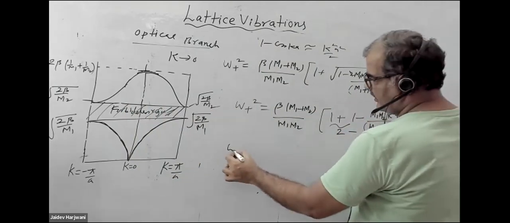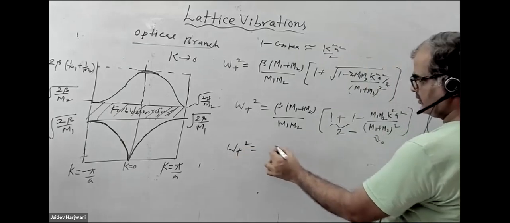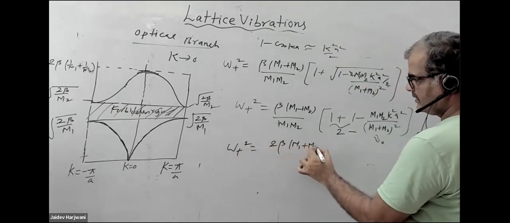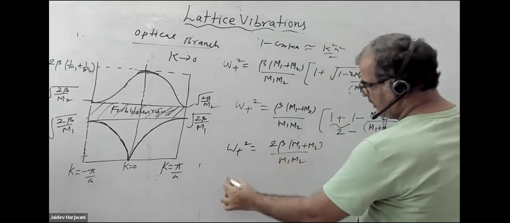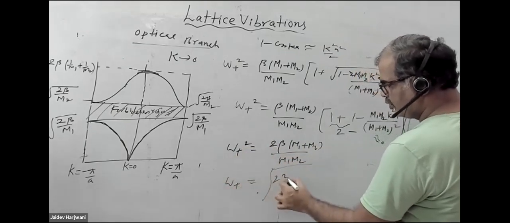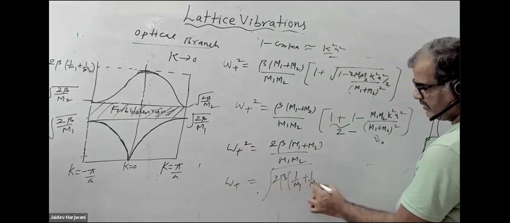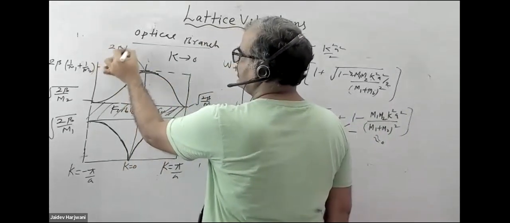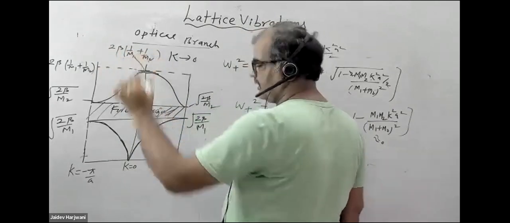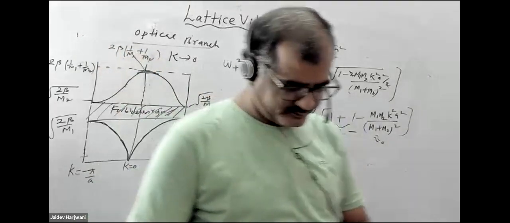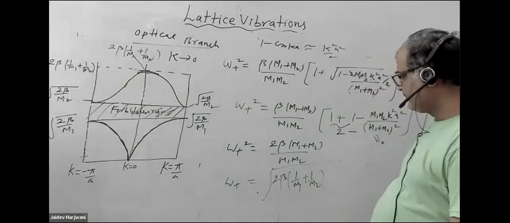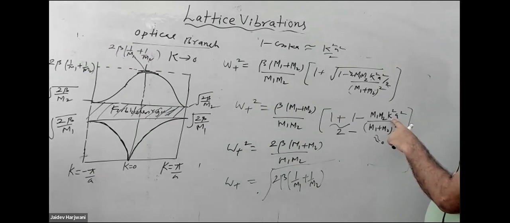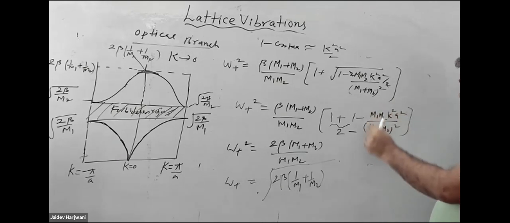So what I'm writing now is omega plus squared as 2 beta (m1 plus m2) over m1 m2, which is again 2 beta (1 upon m1 plus 1 upon m2), what we have shown already. In that bracket, we made the term zero because k tends to 0. That term is near zero, 0.001 or 0.01, and then it is squared also, so it is negligible compared to 2.